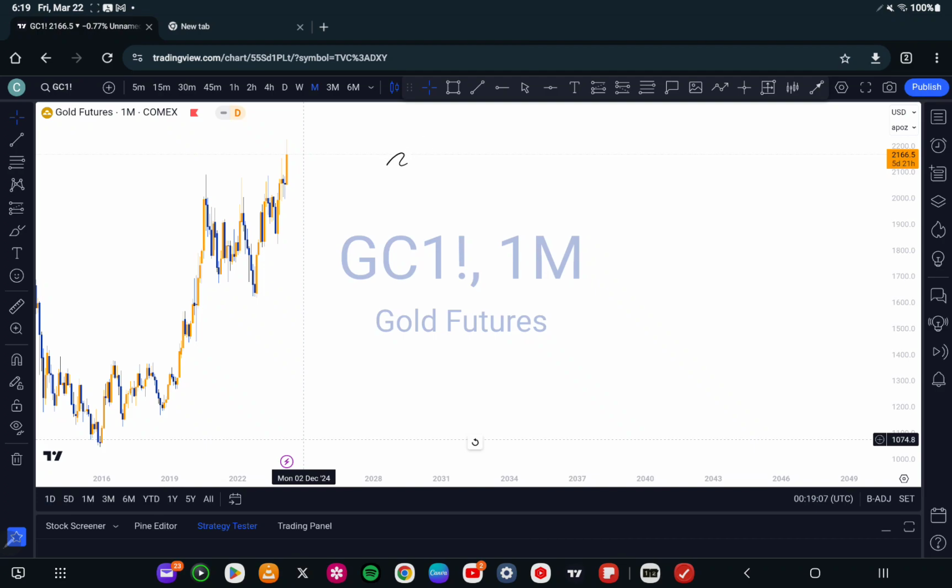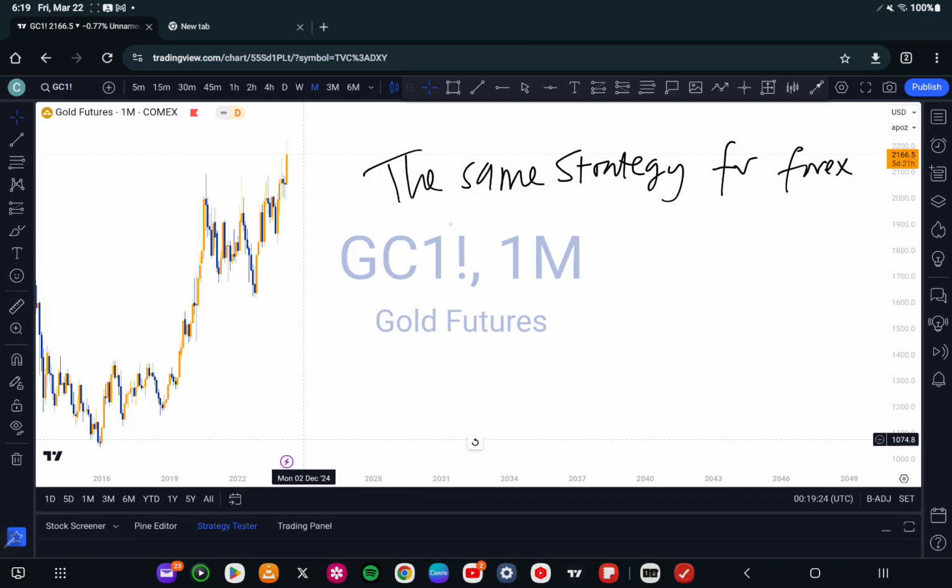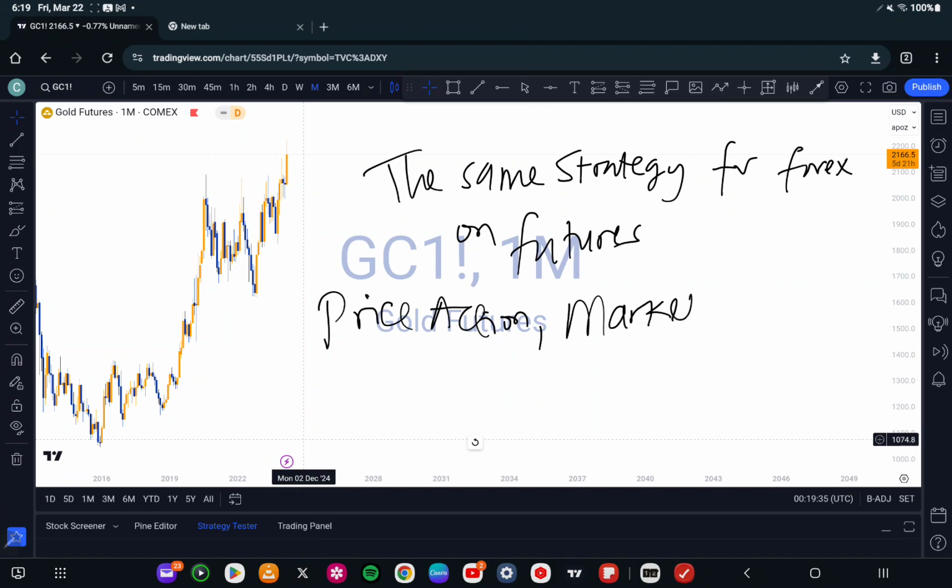using for forex, the same strategy for forex, on futures as well. So as long as your strategy is based on price action, market structure, key levels/zones, you can actually use the strategy on any instrument in the market.